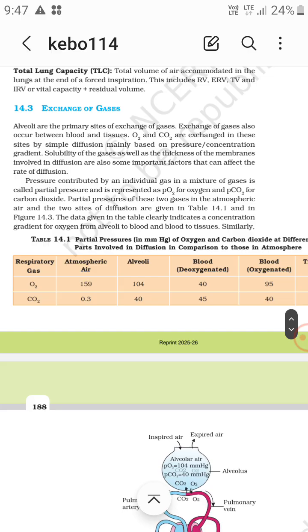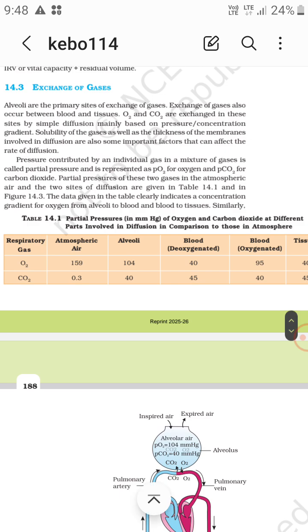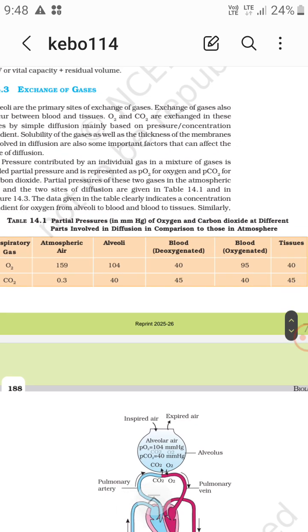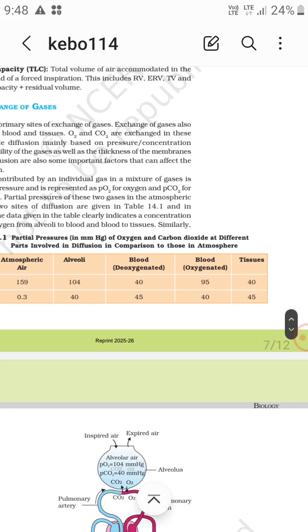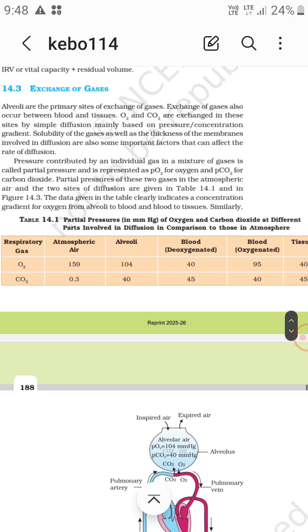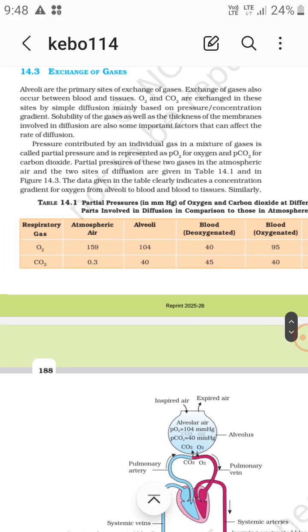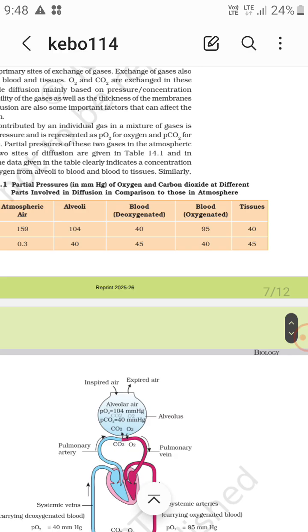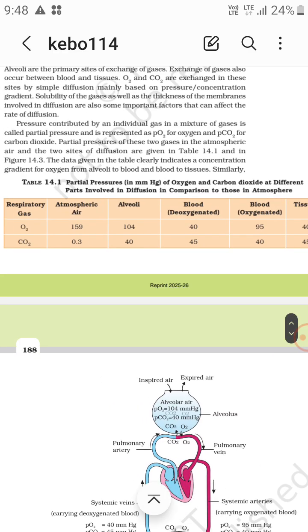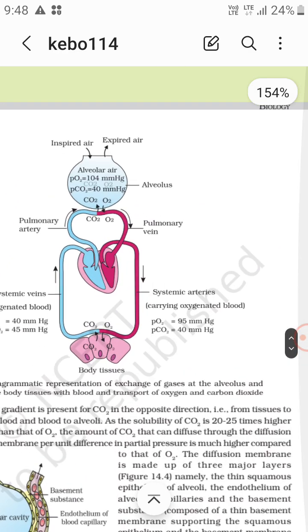Now in alveoli, the partial pressure of O2 is 104 and CO2 is 14. Deoxygenated blood has PO2 of 40 and PCO2 of 45. Oxygenated blood has 95 of O2 and 40 for CO2, and tissues have 40 and 45. Just remember this table, very important.